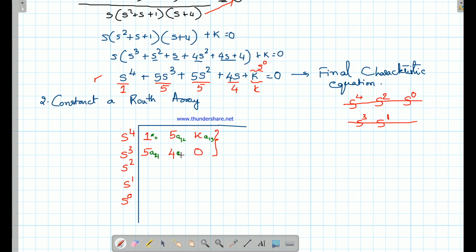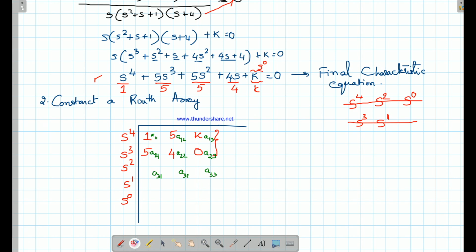This is the second row second column element, so A22. This is the second row third column element, so I'll say it is A23. Now our job is to find the third row first column element, third row second column element, and third row third column element.